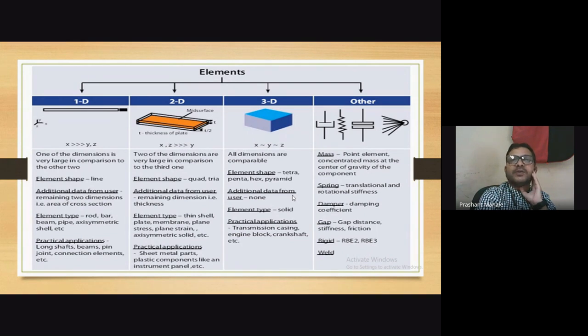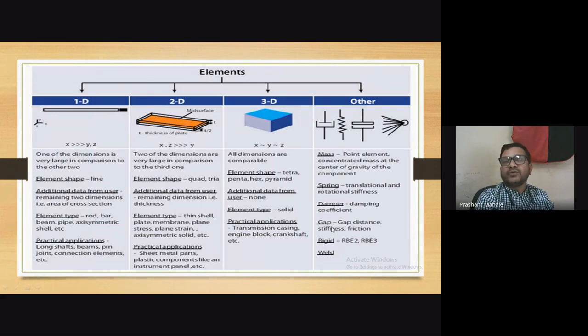Whenever some vibrations are to be reduced, to be decreased, then damper is used. So the suspension of a car actually works as a damper. So such dampers if are to be shown.